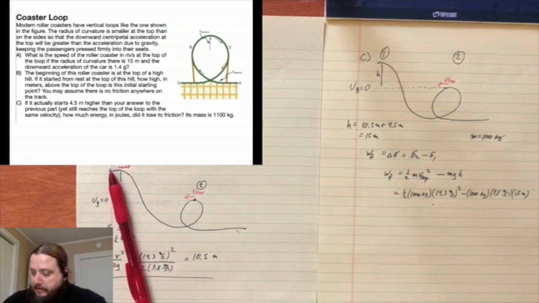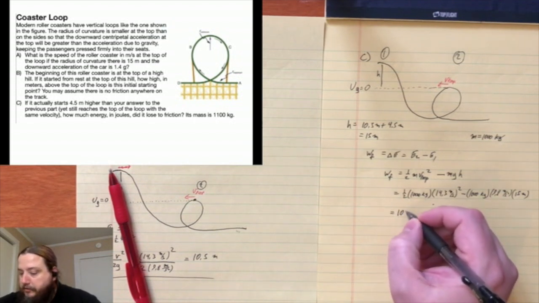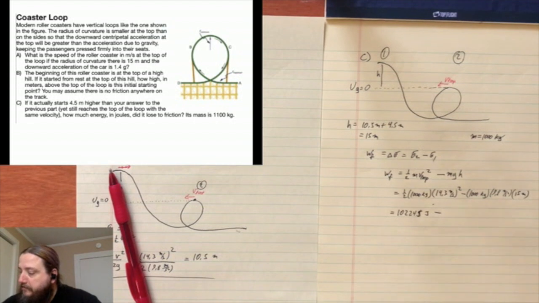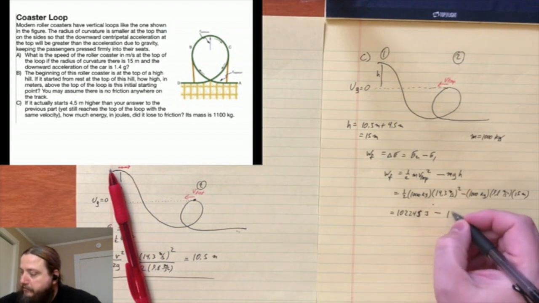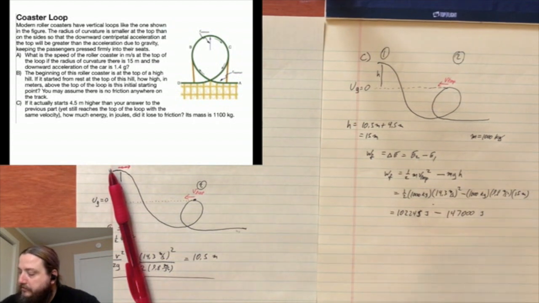So 14.3 squared times 1,000 times 0.5. That's 102,245 joules, minus 1,000 times 9.8 times 15, 147,000 joules.